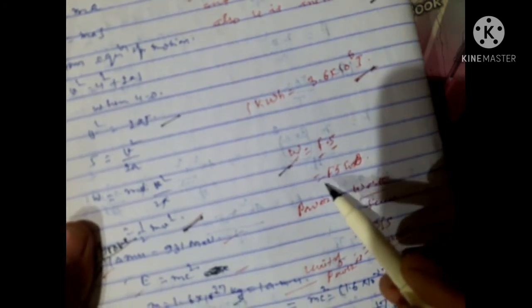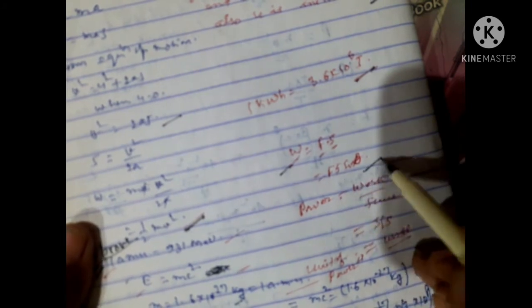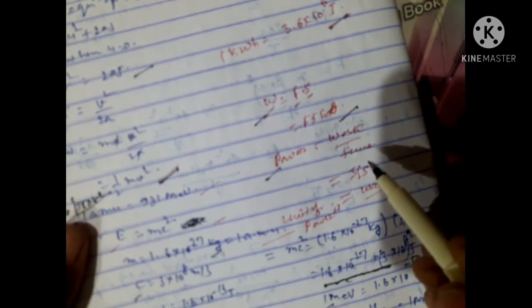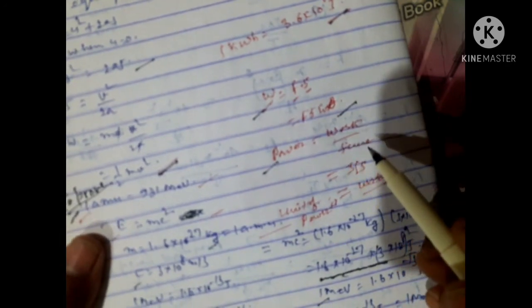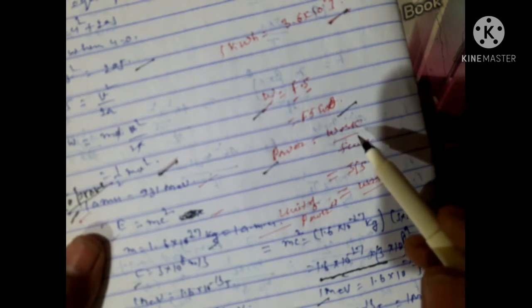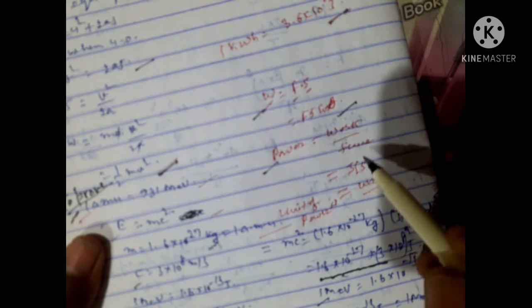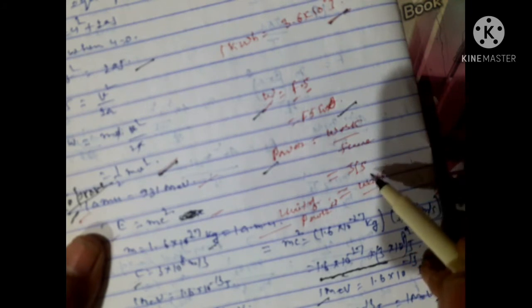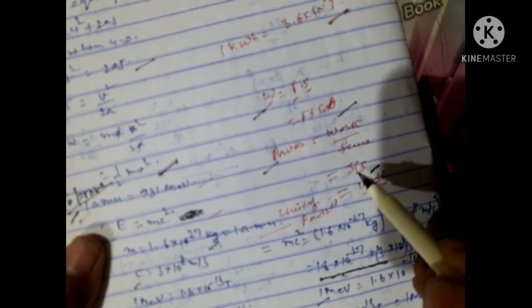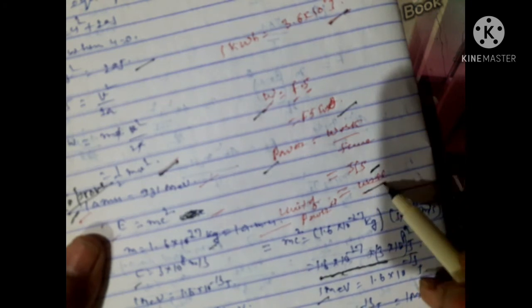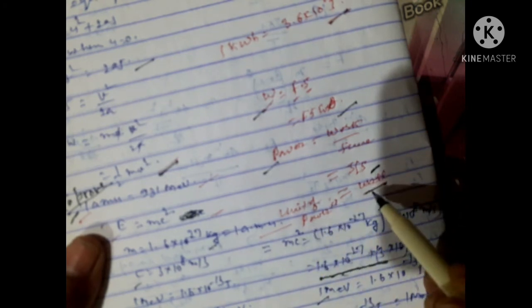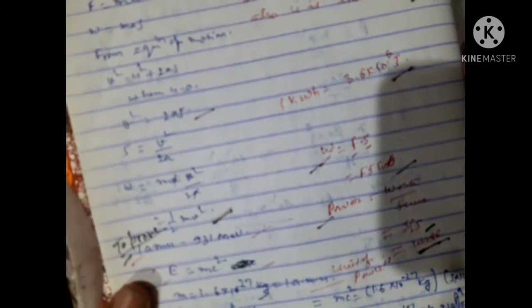Now the mathematical form is F s cos theta, and power is equal to work by time. You should know the unit of work is joule and the unit of time is second, so joule per second is 1 watt. The unit of power is 1 watt.